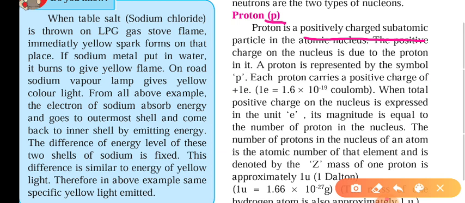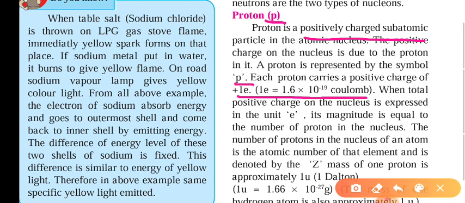Each proton carries plus one electronic charge, and one electron charge is nothing but 1.6 into 10 raised to minus 19 coulomb. Coulomb is nothing but the unit for charge.